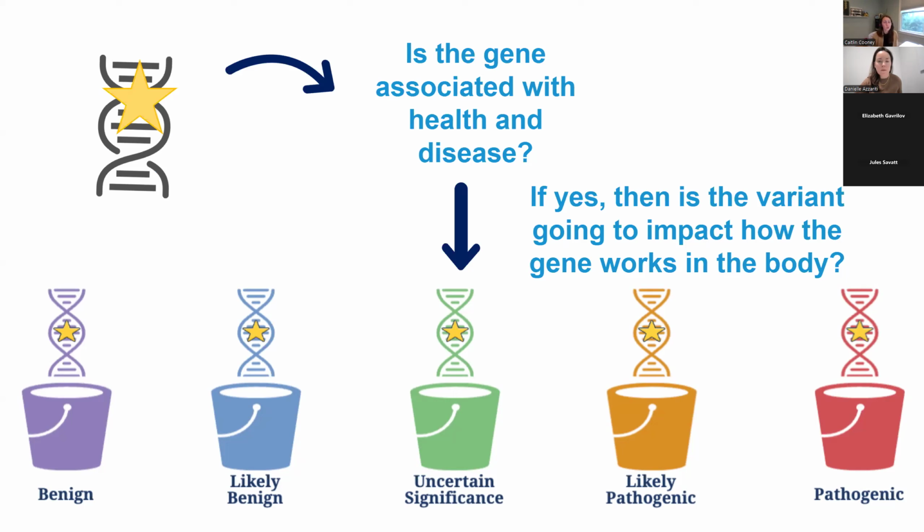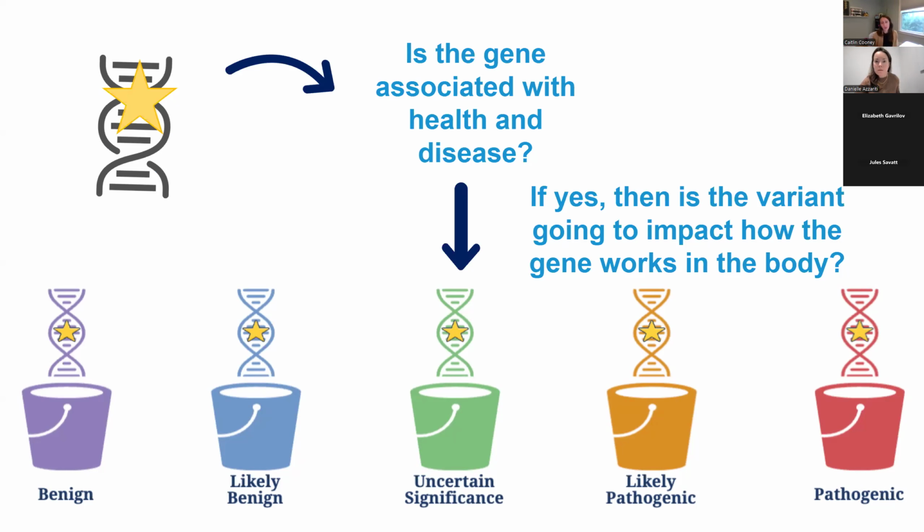So really the first question that we need to ask when we find a change is, is that gene associated with disease? We found a change, it impacts this gene or multiple genes. Do we know what those genes do in the body? That's the first question.